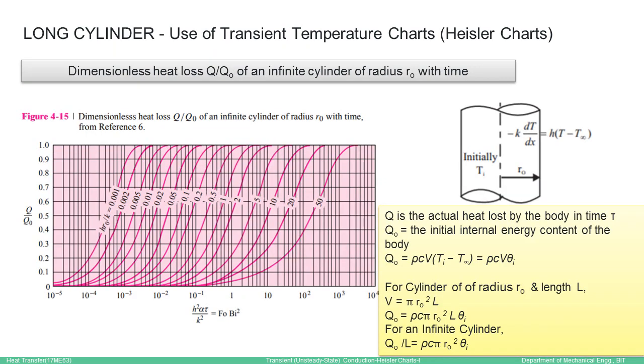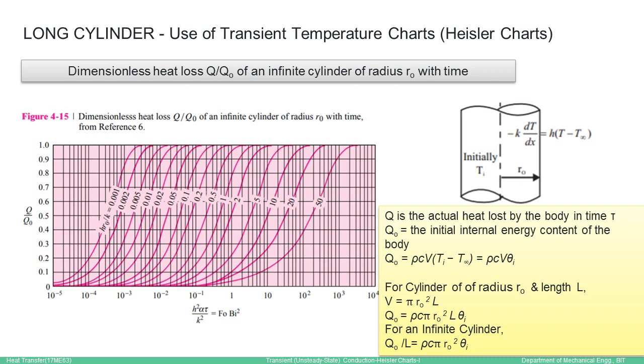Dimensionless heat loss in an infinite cylinder of radius r0 with time. For a cylinder of radius r0 and length L, the volume is given by pi r0 square multiplied by L. Hence Q naught, which is the energy content at the initial state, is given by rho c into pi r0 square L into theta I. Most of the times for an infinite cylinder, length will not be specified.